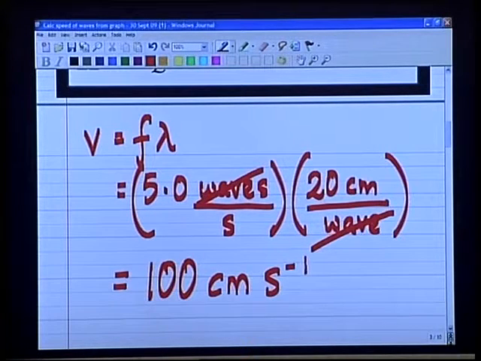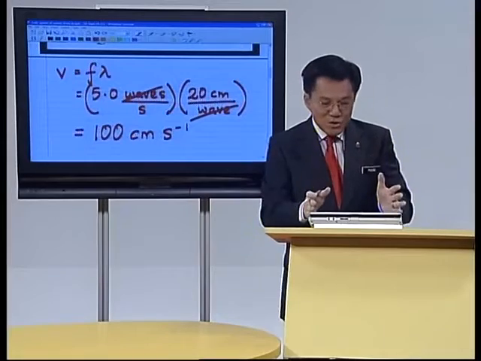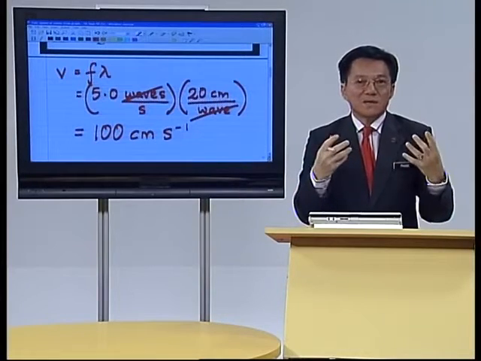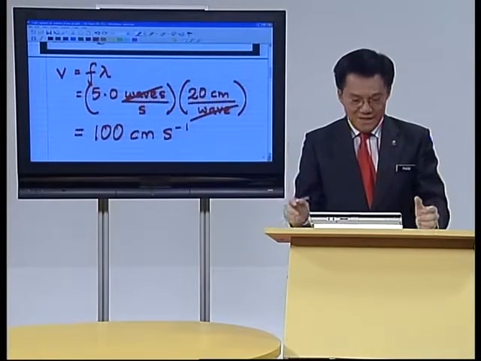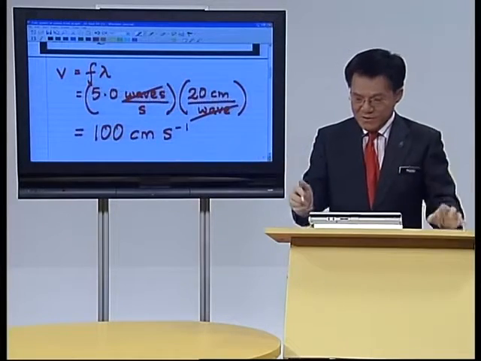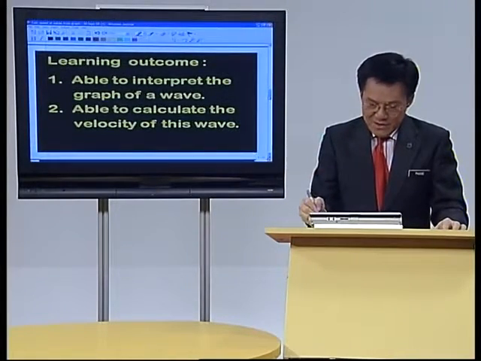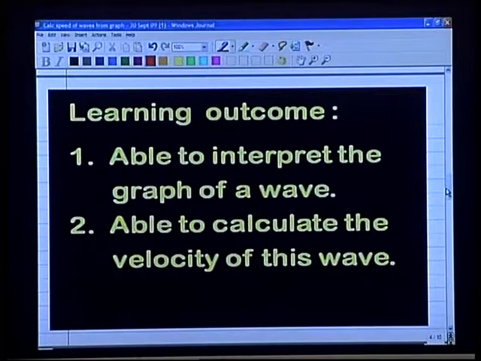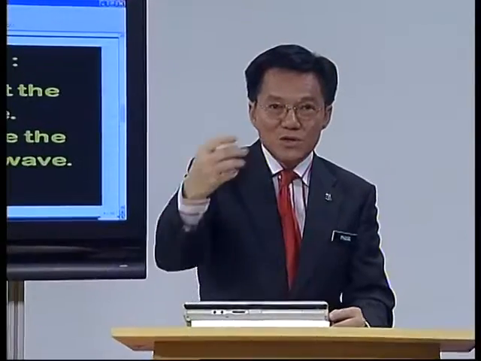So now I am explaining in more detail what the formula means, because sometimes you might be using a formula without understanding. So far so good? Excellent. What have we done? We have helped you to interpret and understand the meaning of this type of graph for a wave. And secondly, use the information to calculate the velocity of the waves. So with this, I hope that you will use other questions, continue to practice, answer questions, rehearse, and you will do very well.